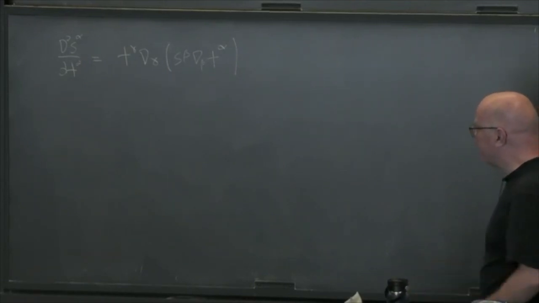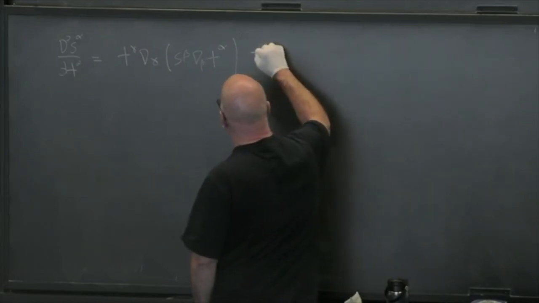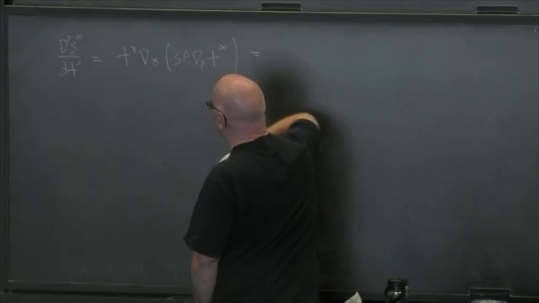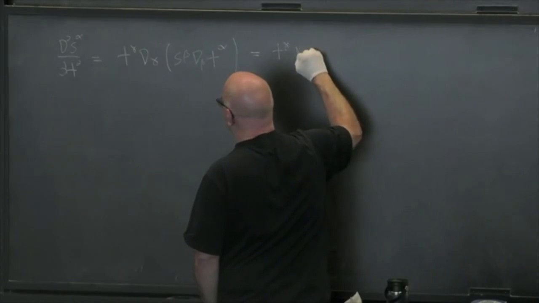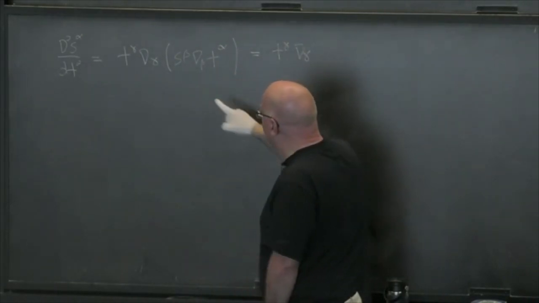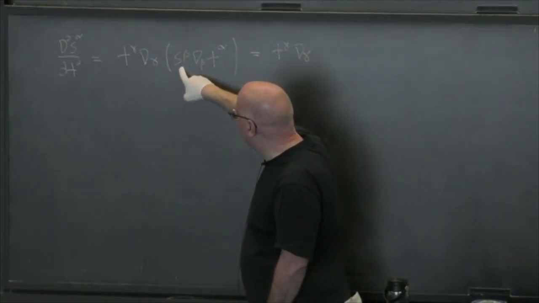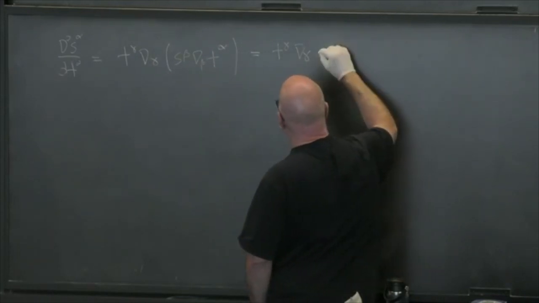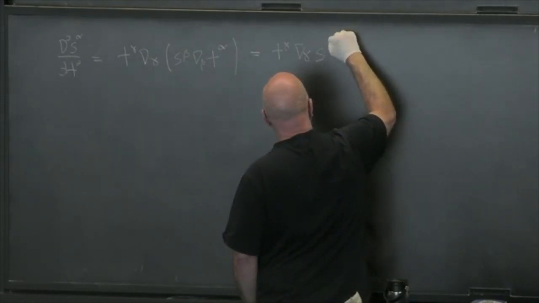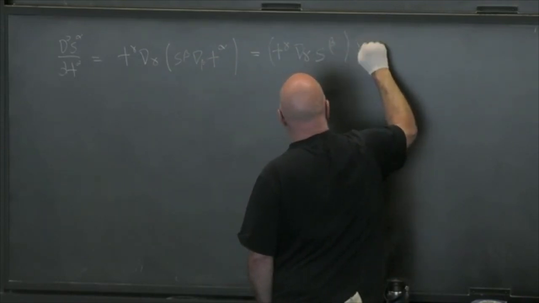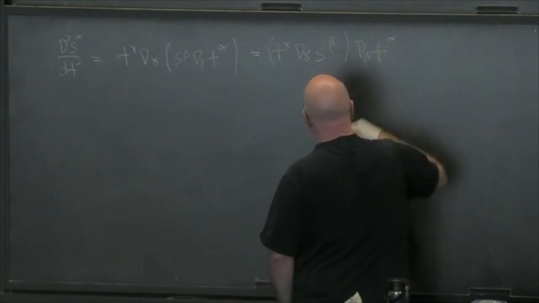All right, so we have that. I can work through the covariant derivative here. So we're going to have T gamma. And then I'm going to let this covariant derivative act only on S, and I'm going to leave this product all alone. And then this comes along for the ride.